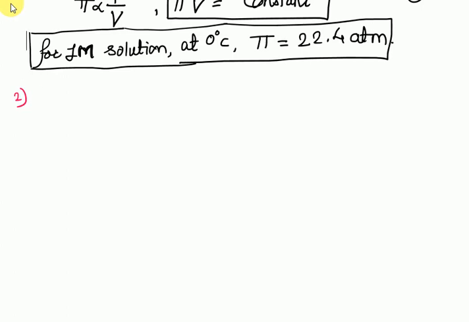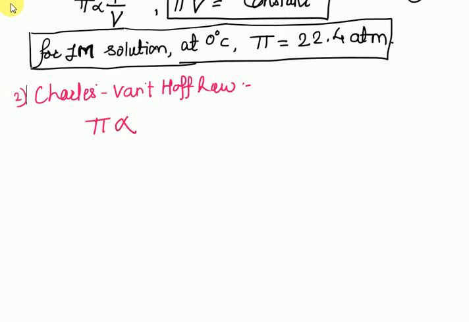Then the second law of osmotic pressure is the Charles-van't Hoff law. It is also called Gay-Lussac's law, according to which the osmotic pressure of a dilute solution is directly proportional to the absolute temperature, when the concentration of the solution is kept constant.